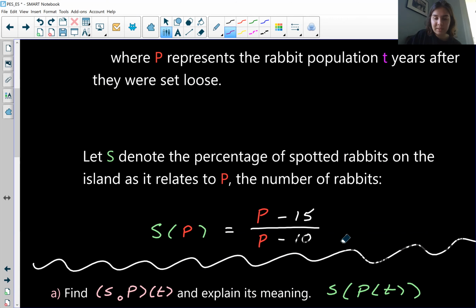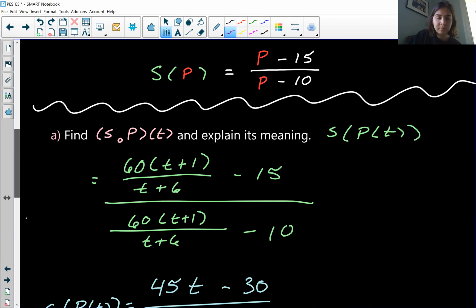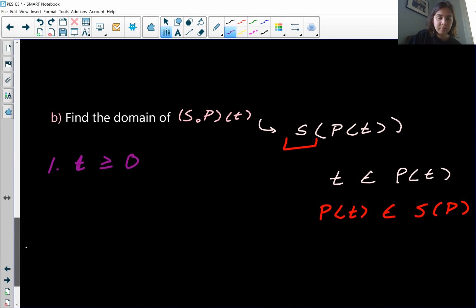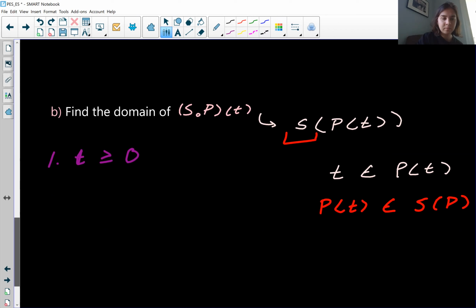And we see that again on the bottom of the fraction here. P cannot equal 10. Okay, so which tells us the function for P of t cannot equal 10.